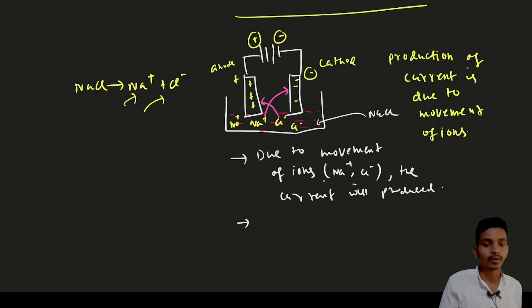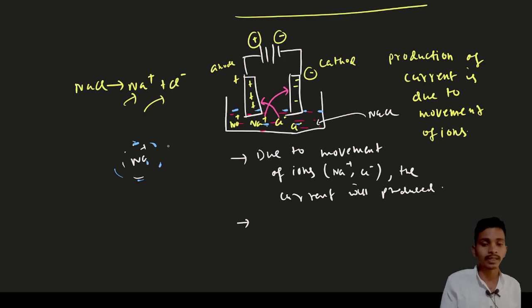If the ions move slowly, say Na plus in a water solution, with Na there is also a water sphere, Na plus with its water sphere, which has to move towards the respective electrode. Na has to move towards the cathode.